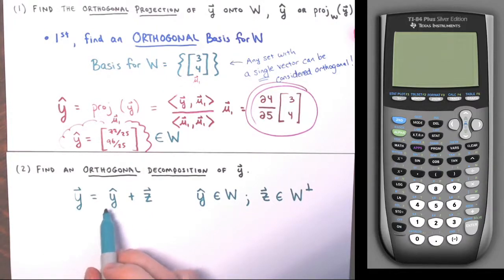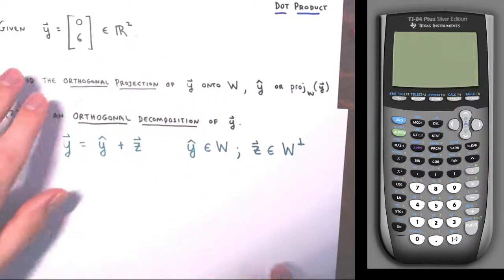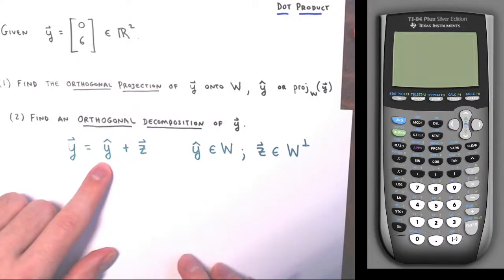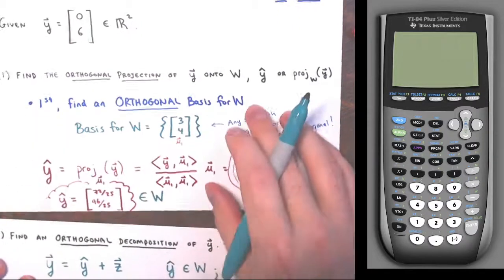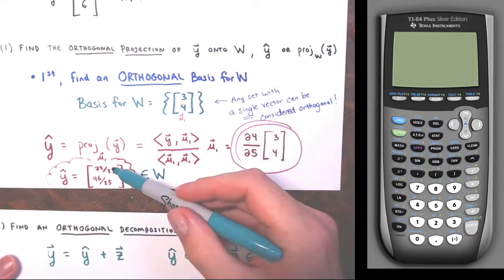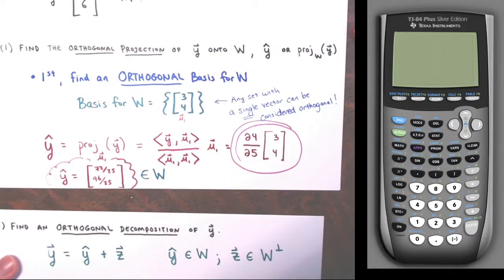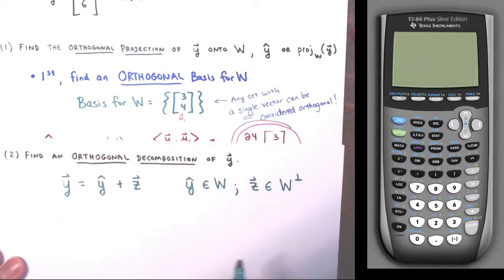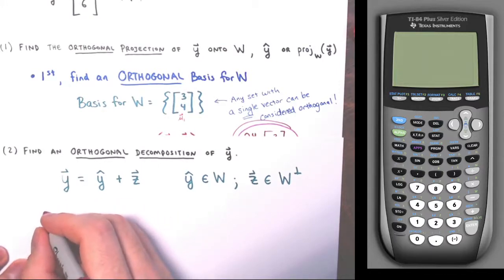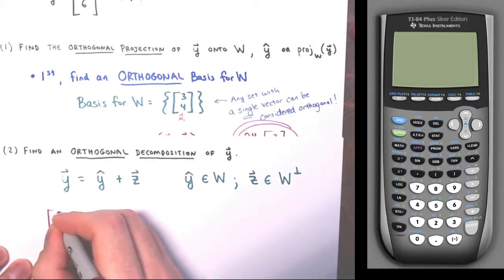Well, we already know y. That was 0, 6. And we already know y hat, this projection vector, that was 24/25 times 3, 4, or 72/25, 96/25. So we know y, so I can use that to find z. We know y is 0, 6.